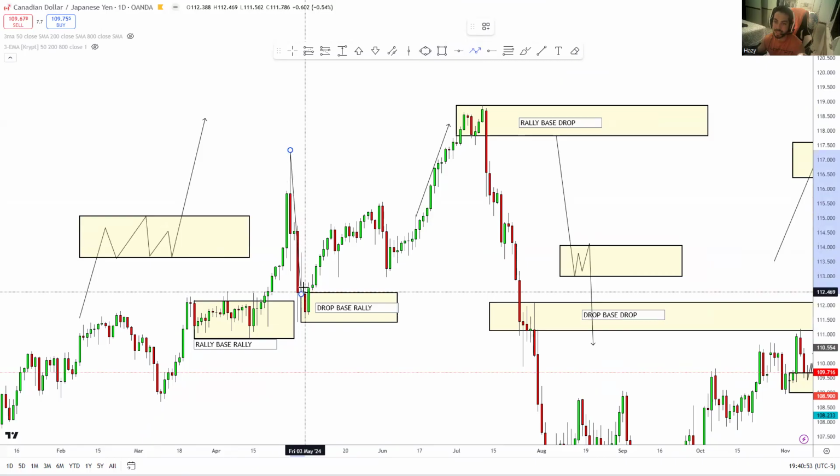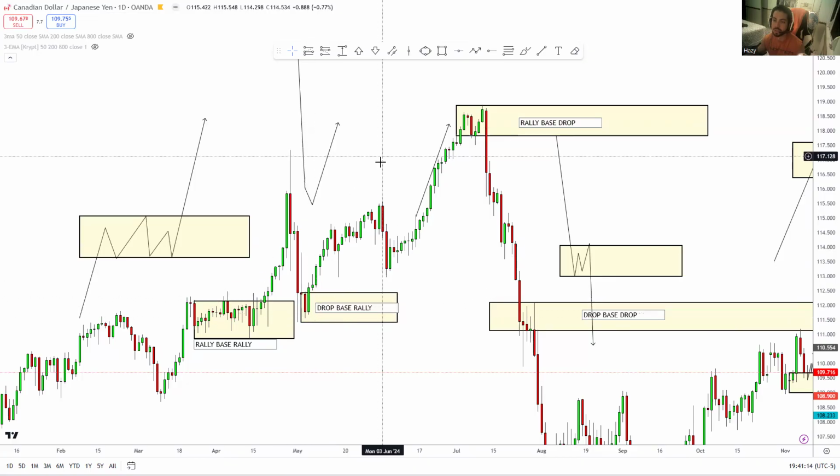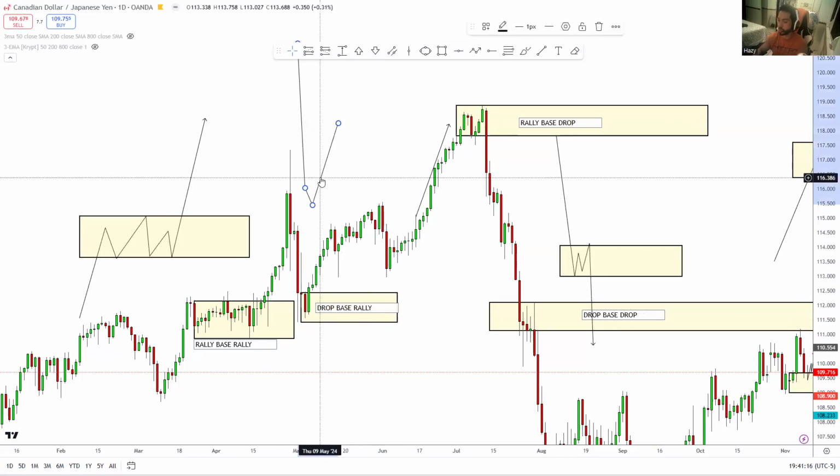We have indecisive candles like this one, and then we have a rally over here. You guys can see clearly we have a drop, and then we have these indecisive candles, and then we have an explosion to the upside.